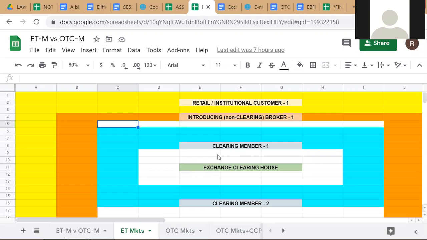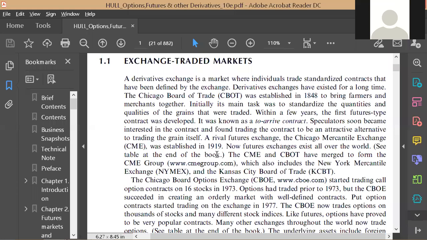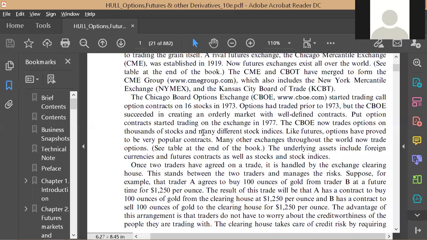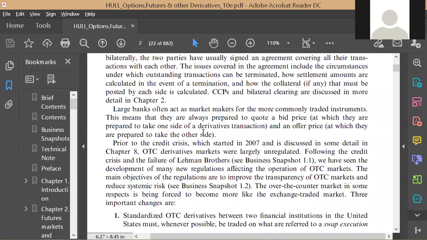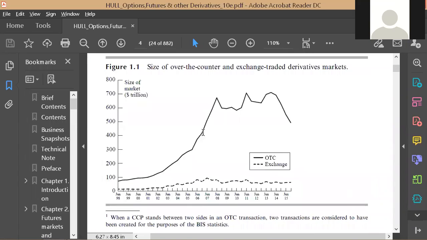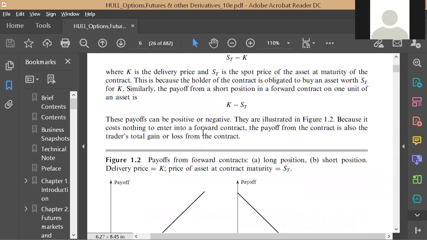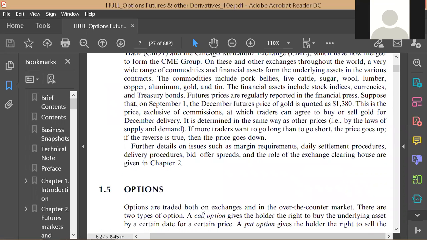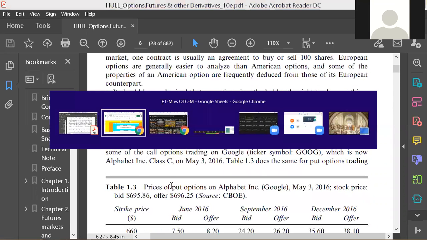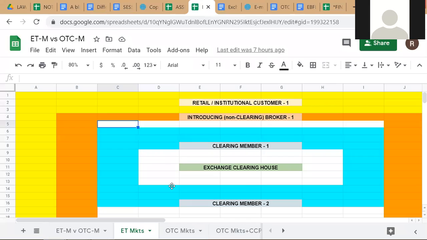You can read about it in the book also. If you look at your book and you see how they work, you can read a little bit about all these differences, and then you have chapter 2 as well. This is chapter 1; you can look at chapter 2 as well.